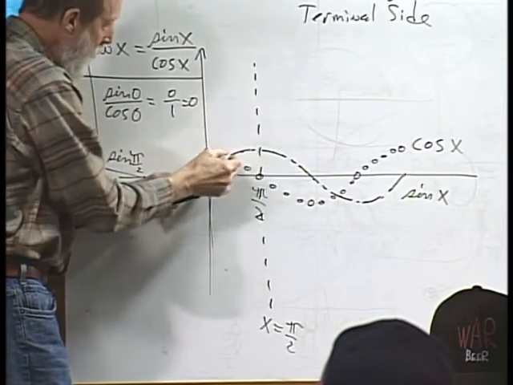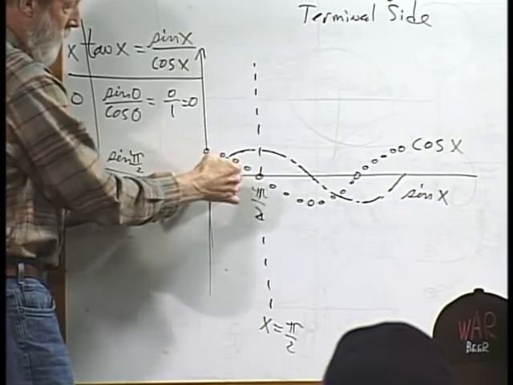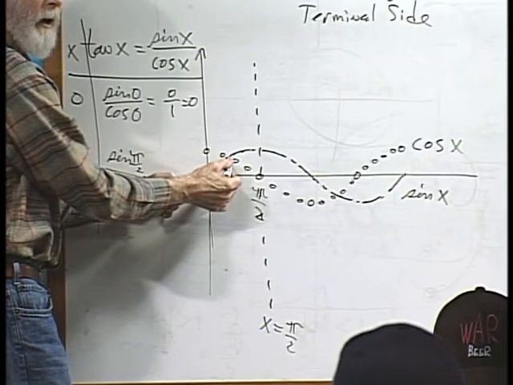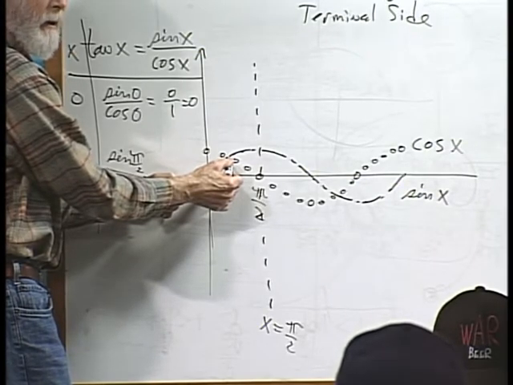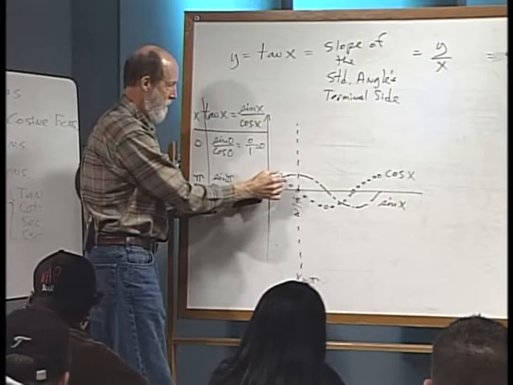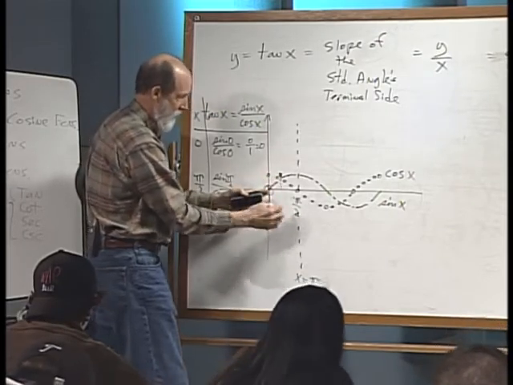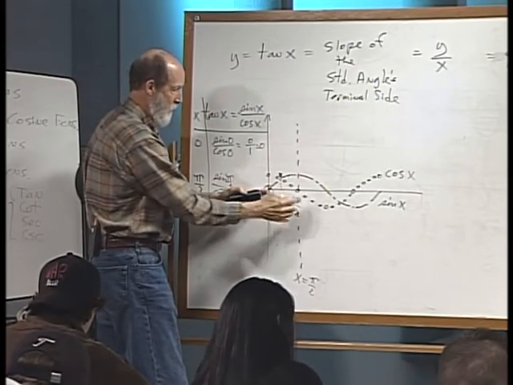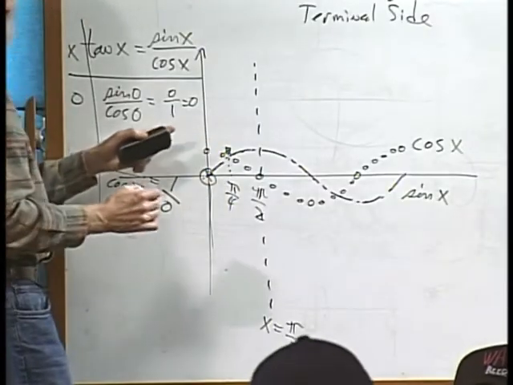Now, notice this spot right here, folks, where the cosine graph crosses the sine graph. The sine and cosine readings are the same, aren't they? If you divide one by the other, you get 1, don't you? You get 1. And notice that that is at exactly halfway between 0 and pi over 2. That's going to be at pi over 4. And does that make sense to you?